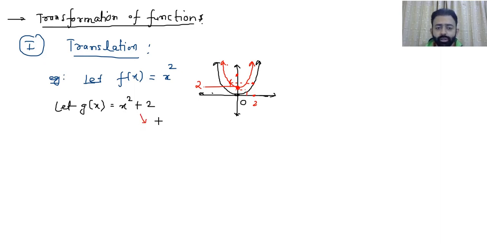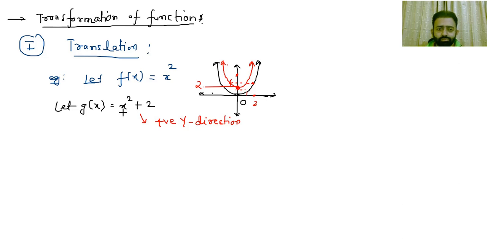You can note it here: translated in the positive y direction. Remember, we have not made any change in x. Here it was x squared, here also it is x squared. There is no change in x.